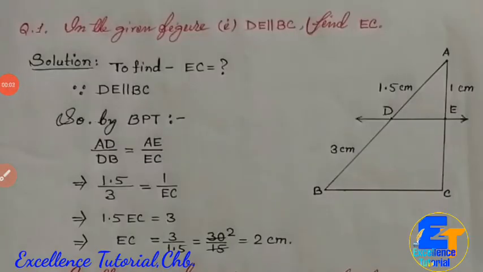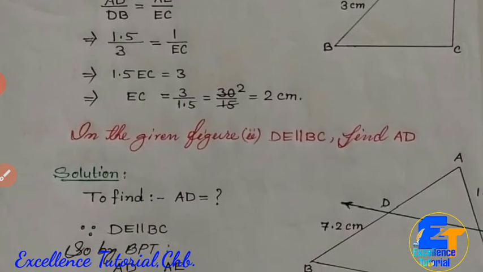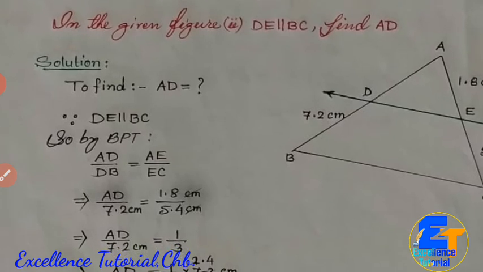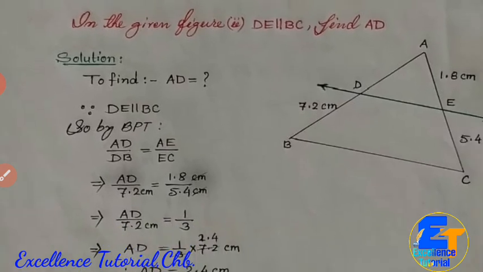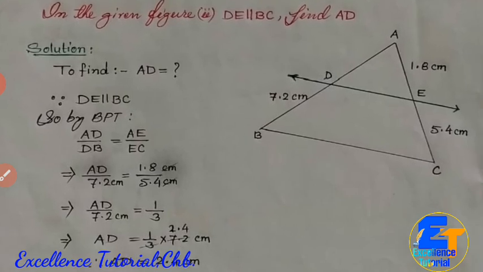Now come to the second question. The second question we can easily solve by using the same theorem, that is Theorem 6.1, Thales theorem. Here also the figure is given in the question. DE is parallel to BC and we need to find AD.